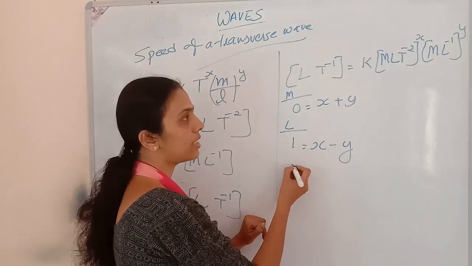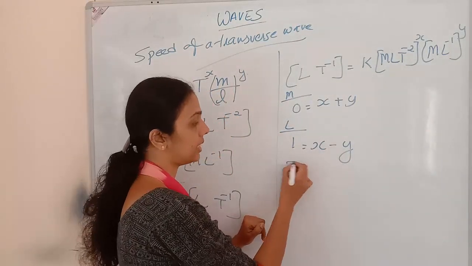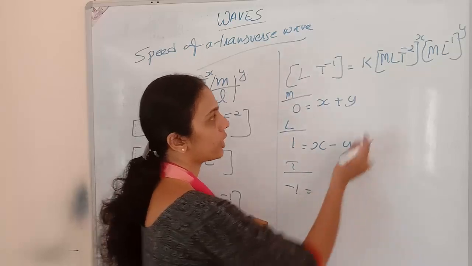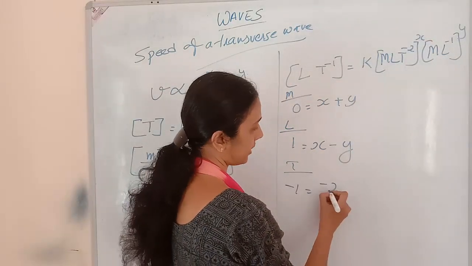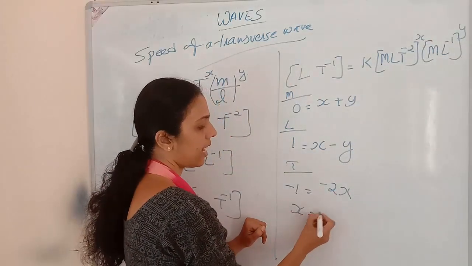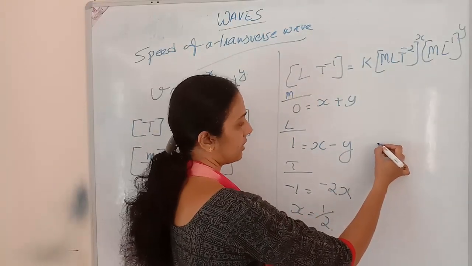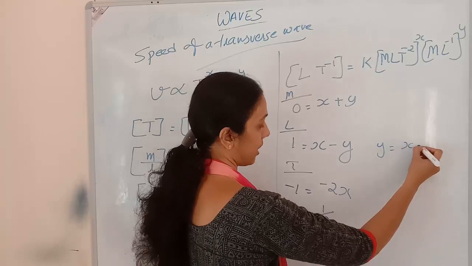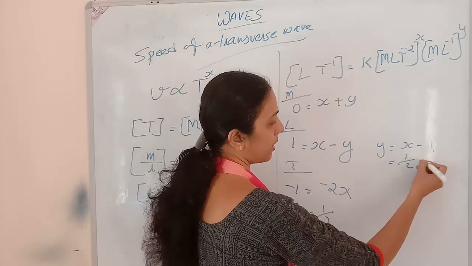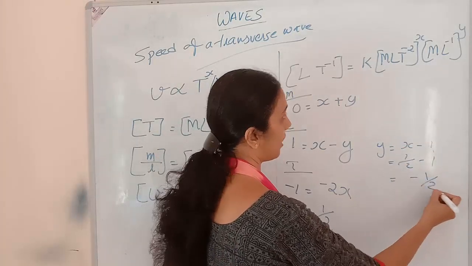Then equating the powers of T, minus 1 equals minus 2x. So what is x here? x equals 1 by 2. So what is y here? y equals x minus 1, that is 1 by 2 minus 1, so we will get minus half.